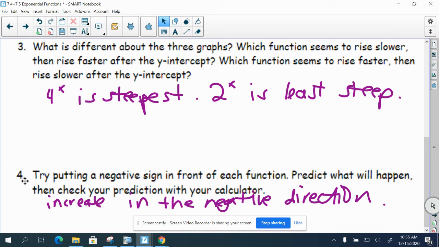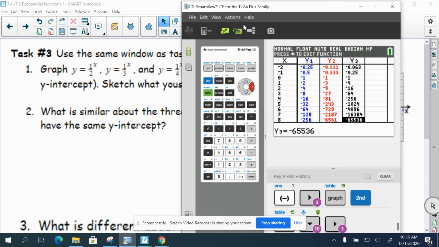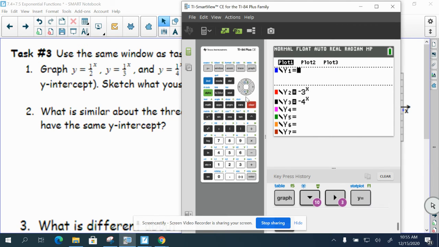All right, and we're going to do one more thing and do the same thing, but with the 1/2. So we'll go to our y equals here. We'll clear everything.